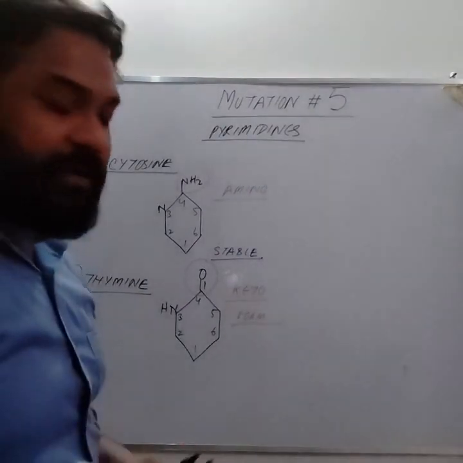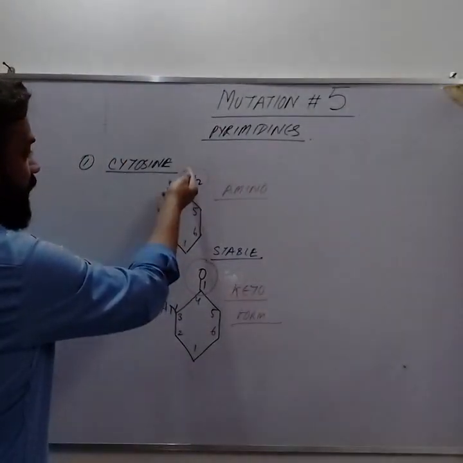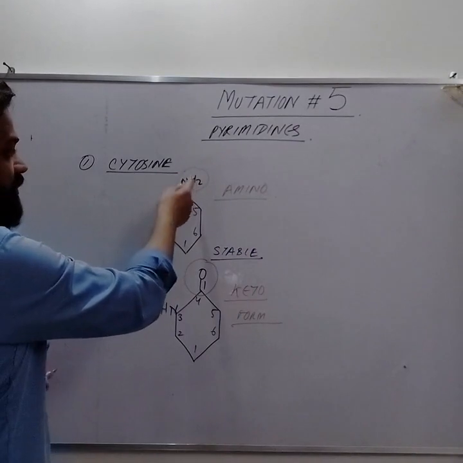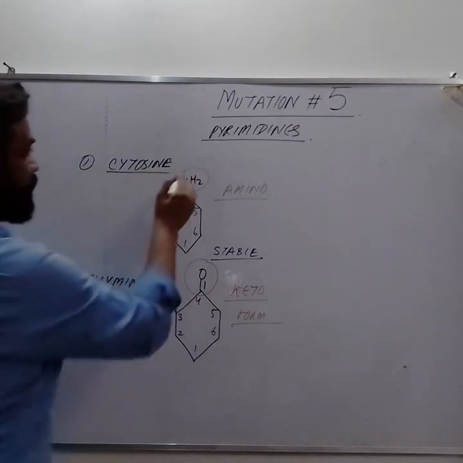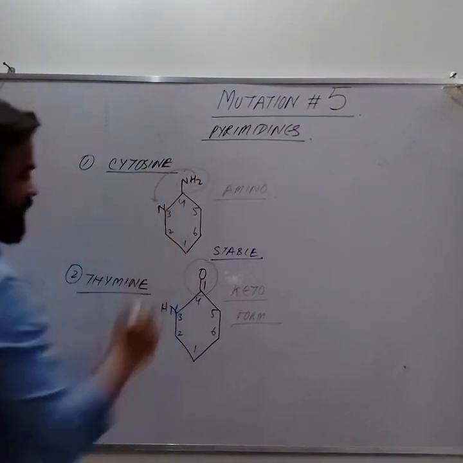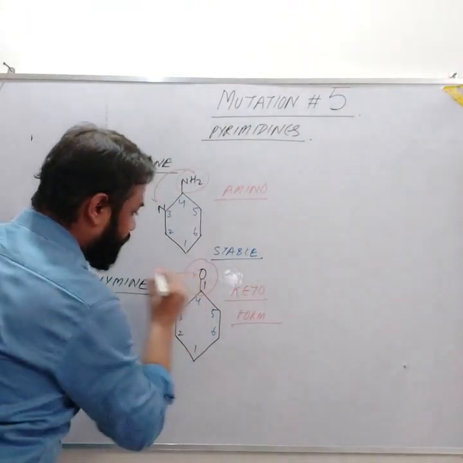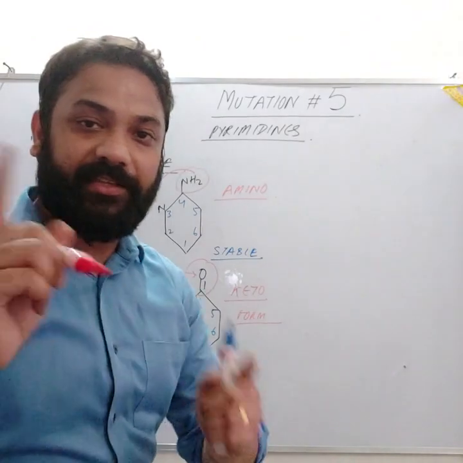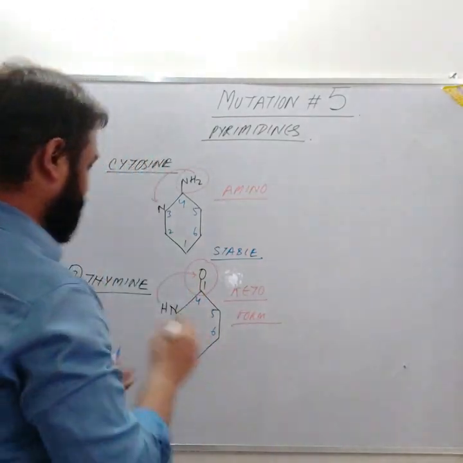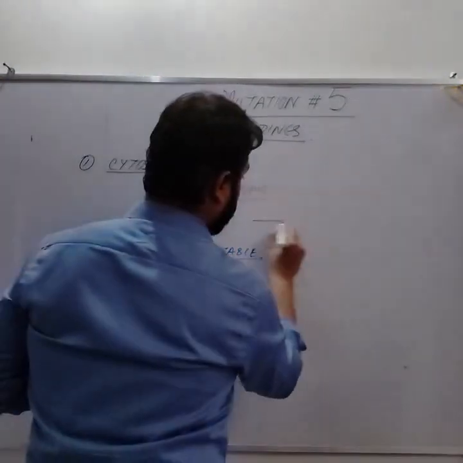Now what happens during tautomeric shift? Again, change of position of this hydrogen from one position to another position. Here also hydrogen moves from one position to another position. So what is the result?